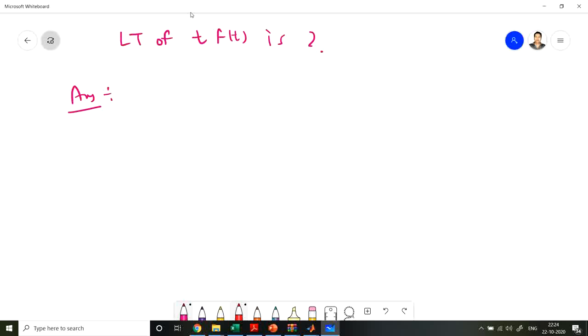So F(s) is given, that is f(t), a time bounded signal, and the Laplace transform is F(s), equal to 1 divided by s square plus s plus 1. Now what is the Laplace transform of t f(t)?